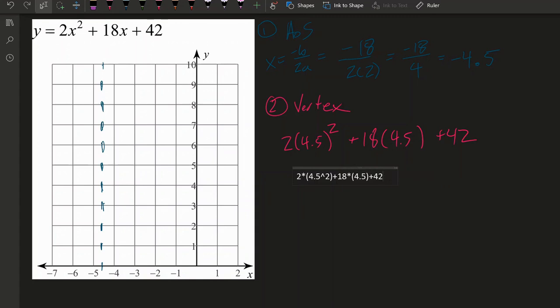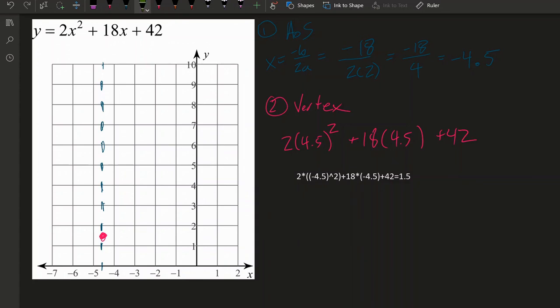I didn't put a negative in there. Okay, and then with negatives, you got to make sure they're in parentheses properly. Put the negative in there. Equals 1.5, much nicer. Okay, so that means 1.5 would be right here.